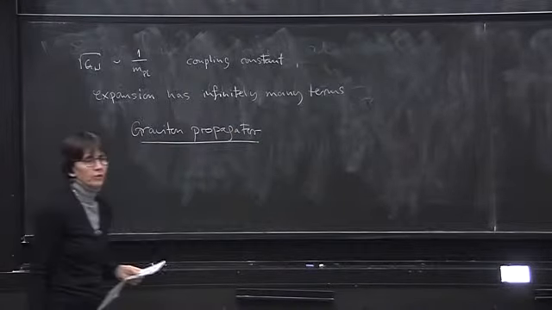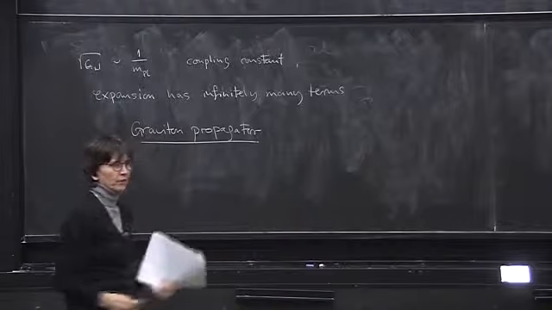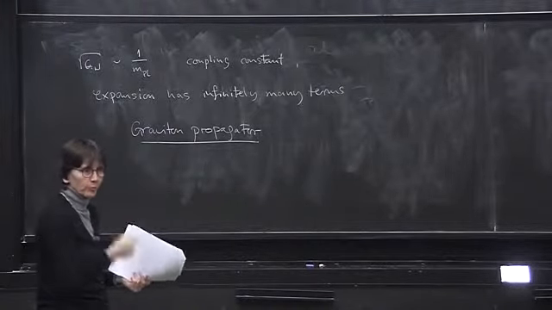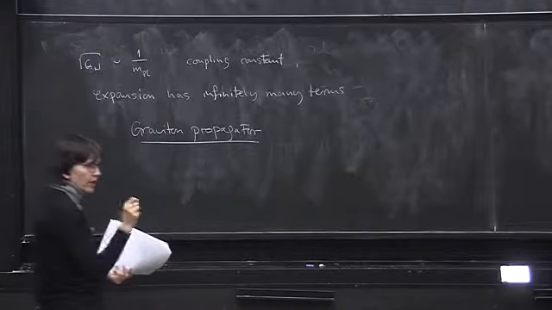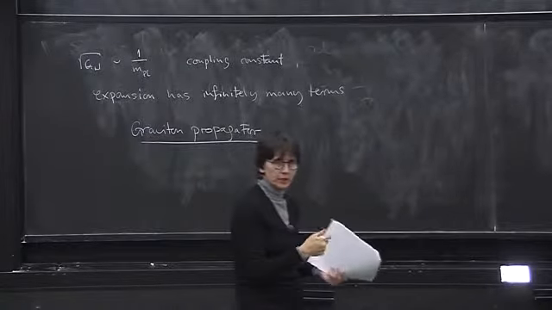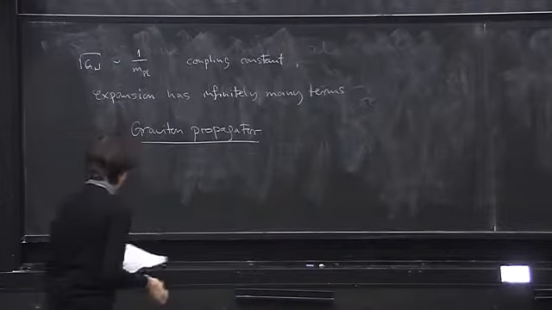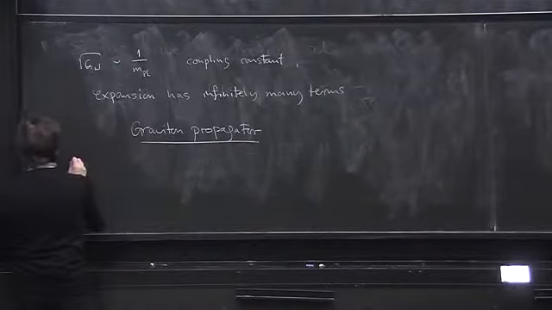What do you do when someone hands you a theory in the form of an action or a Lagrangian? How do you determine its propagator? The answer should be familiar already from what you've learned in QFT. Let me just remind you how it goes, say, in QED.